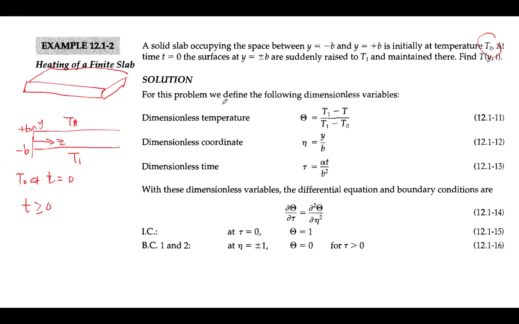Okay, so if we consider a dimensionless temperature theta, theta is always delta T over delta T. So this is your sudden temperature increase, including the initial temperature.